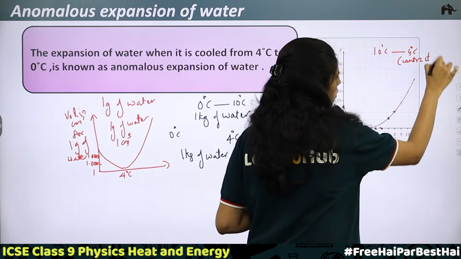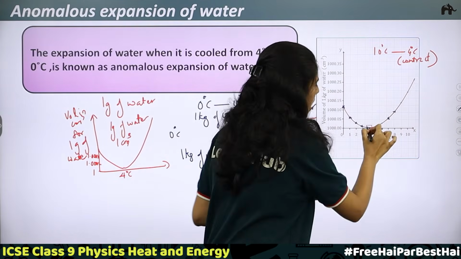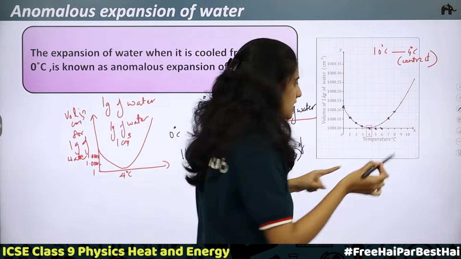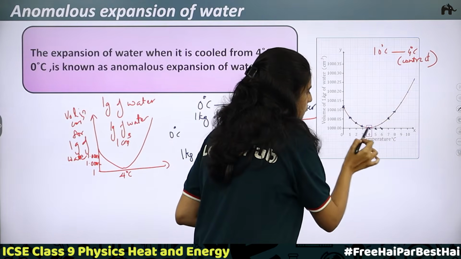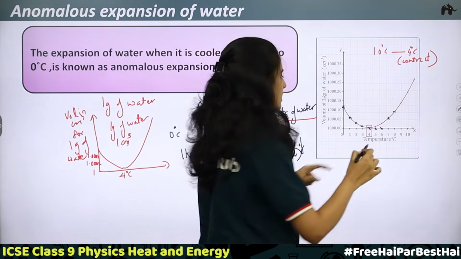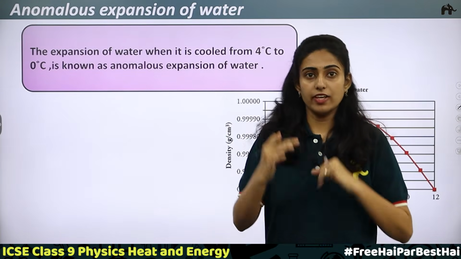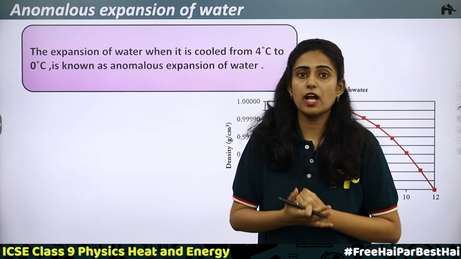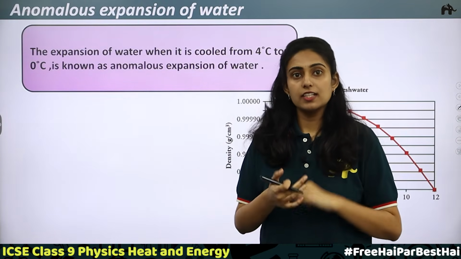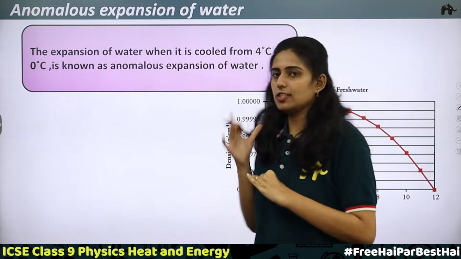Contract means the volume will be decreasing. After 4 degrees Celsius, the anomalous behavior starts, that is on further decreasing the temperature, there happens expansion. So, we have understood the variation of volume of 1 kilogram or 1 gram of water with increase or decrease in temperature.